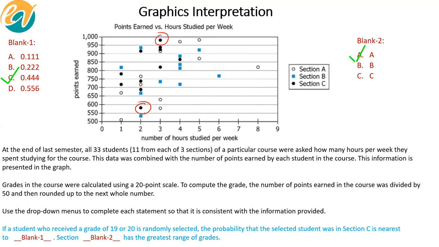So that would be the range for section C. Similarly, for section B, minimum is this and maximum is this. So clearly the range for section A is the maximum. All right.